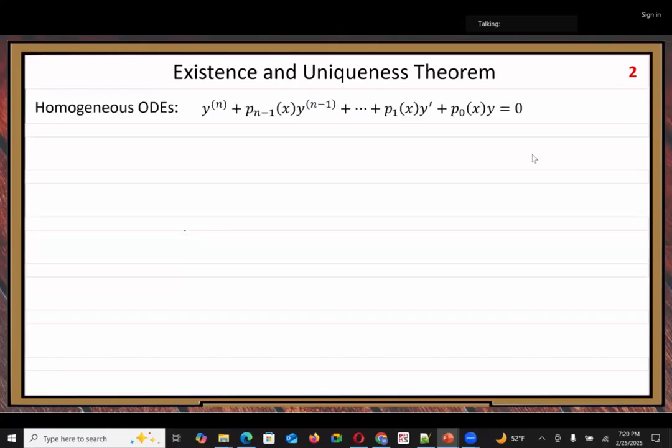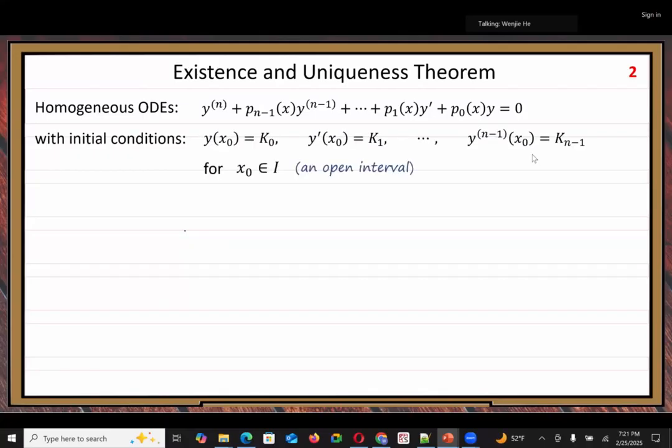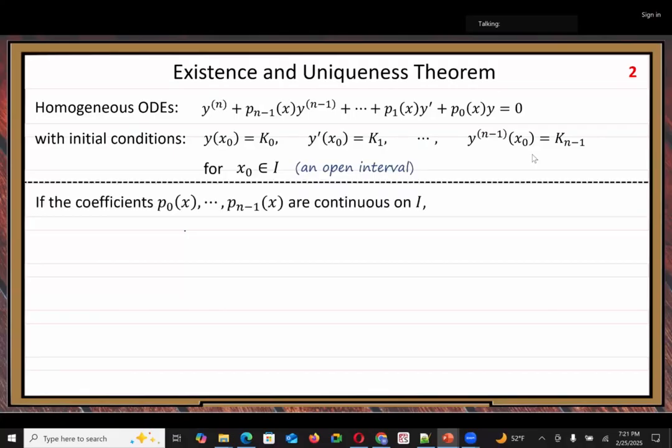Homogeneous ODE. How do you know that for this equation there exists a solution? So the first result, for this IVP problem: the condition is that the coefficient functions are continuous on some open interval I. We only require continuity.